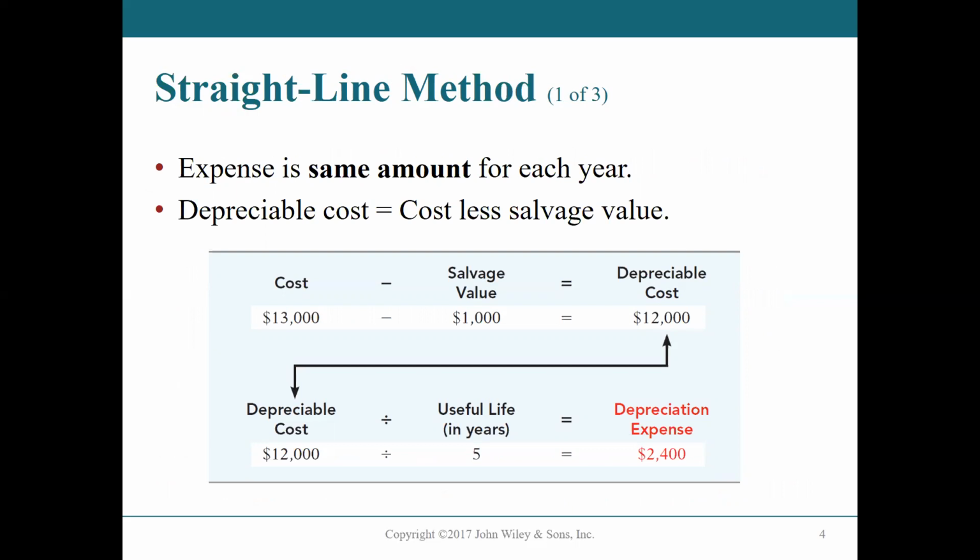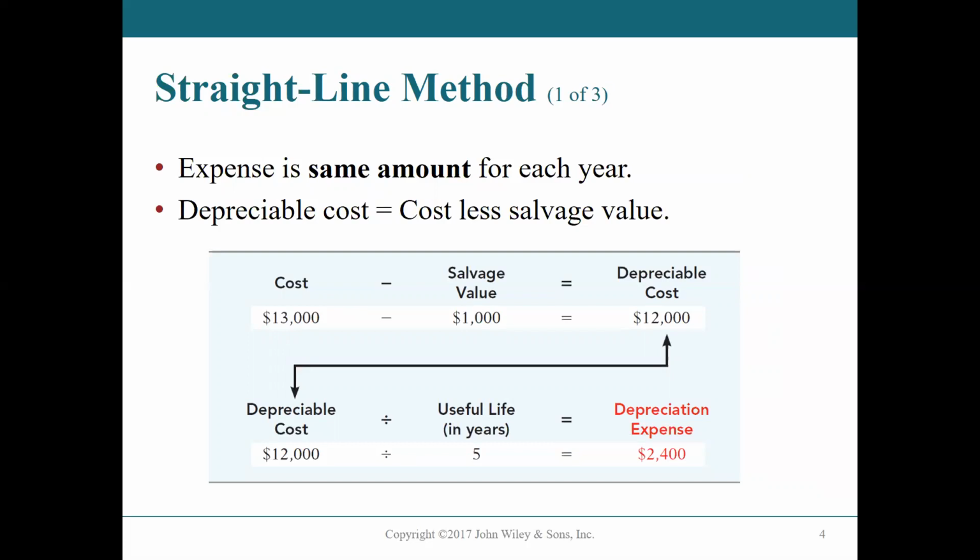All right. The first thing we have to do is figure out the depreciable cost, which is our cost minus our salvage value. Is that also called book value? Or is that different? Yeah, our book value is our cost minus accumulated depreciation. Oh, that's right. So the depreciable cost is just the amount we're going to depreciate over the life of the asset: what we paid for it minus any amount we think it will be worth at the end of its useful life.